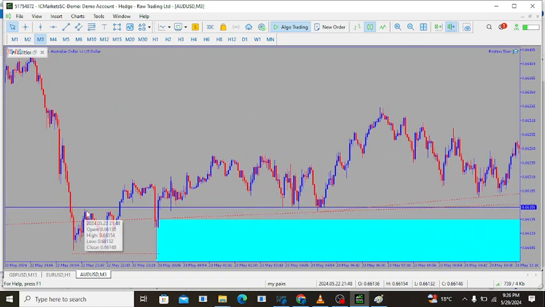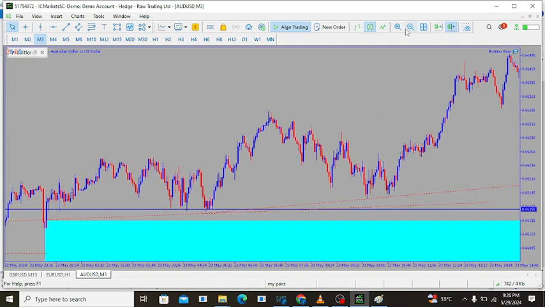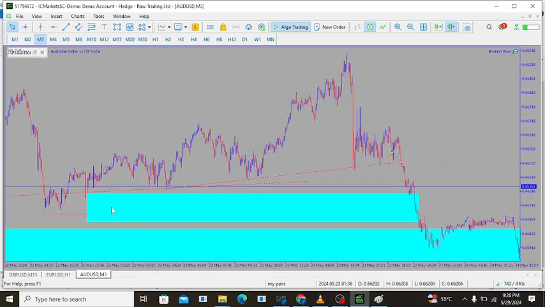See? Higher low. This box tracks to the upside. You see? I just saw the structure. It's even worse. Pushes to the upside.